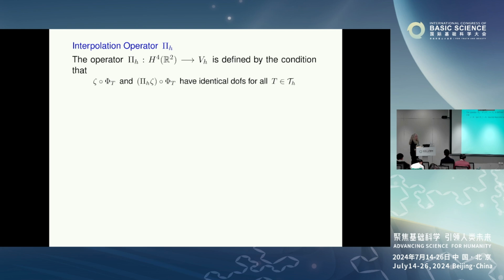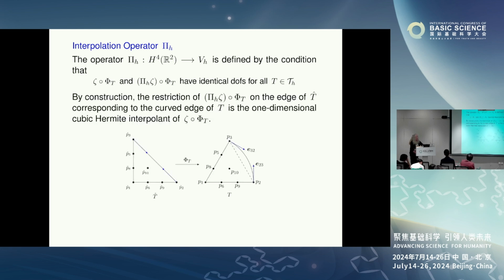We have an interpolation operator that's defined by the condition that the pullback of zeta and pi h zeta have identical degrees of freedom for all triangles in our triangulation. Now, by construction, the restriction of the pullback of pi h zeta on the edge of T hat corresponding to the curved edge of T is the one-dimensional cubic Hermite interpolant of the pullback of zeta.